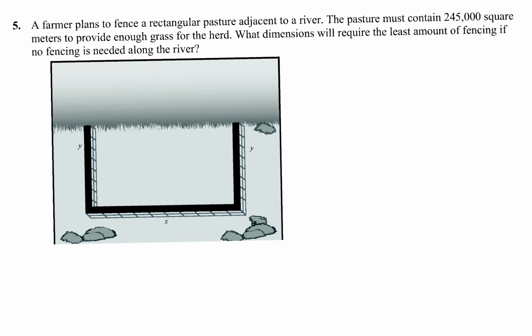Okay, let's go to do this problem that is a problem of optimization. You want to build a fence, and the fence is only this fence, y, x, and y. You don't put any fence here. You don't need it.